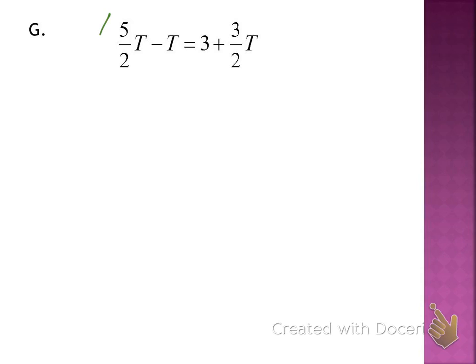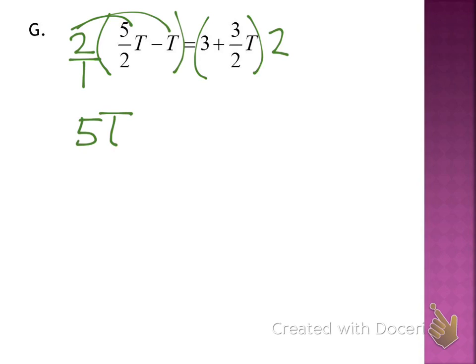Just 2 will work, yeah. All right, so when you distribute, in the front, the 2's would go away, right? You just have 5t minus, and then just 2 times t is 2t. In the back, you'll have 6 plus 3t.